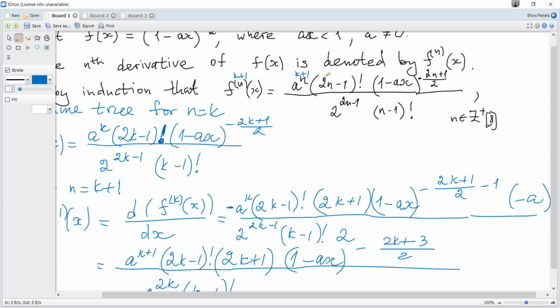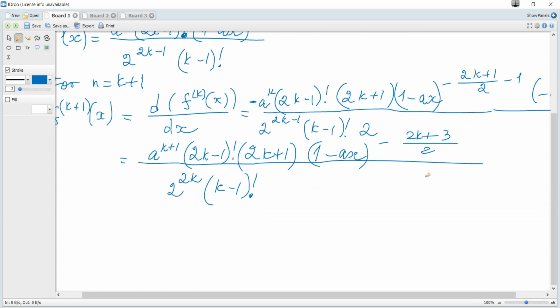And 2 multiplied by k plus 1 minus 1, you can see it's 2k plus 2 minus 1, just 2k plus 1. 2k plus 1 factorial. 1 minus ax to the power of, again, 2 times k plus 1 plus 1, so 2k plus 3 over 2, with minus, yes, it's already as required.